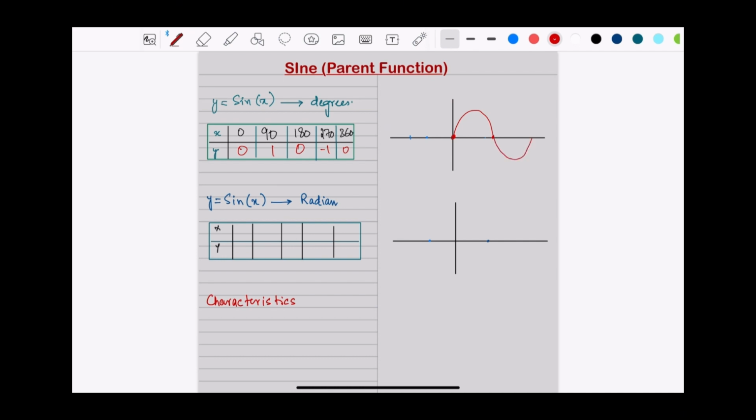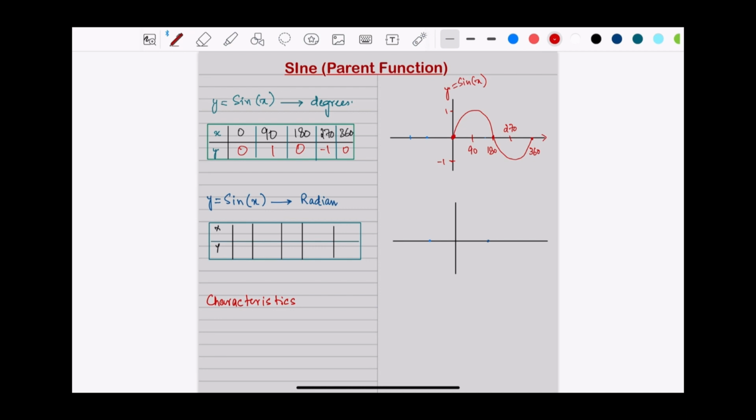This is a basic sine curve in degrees. So when x is in degrees and y equals sine x, this is 90 degrees, this is 180 where the curve became 0, this is 270 where the curve became -1, and this is 1. And this here is 360 again.